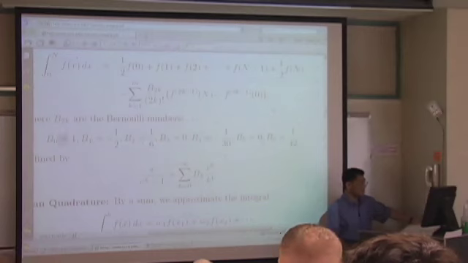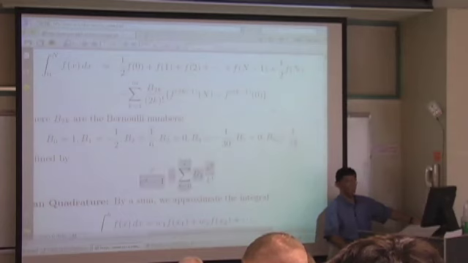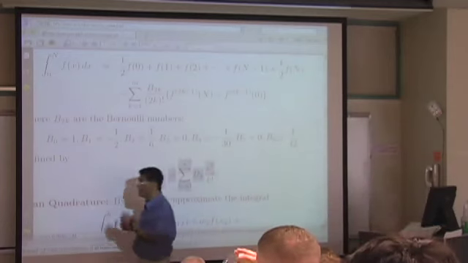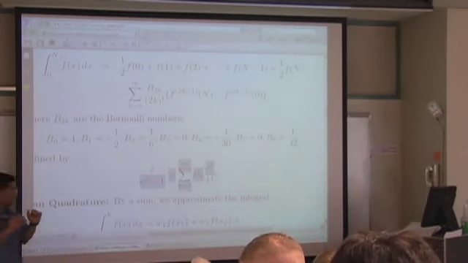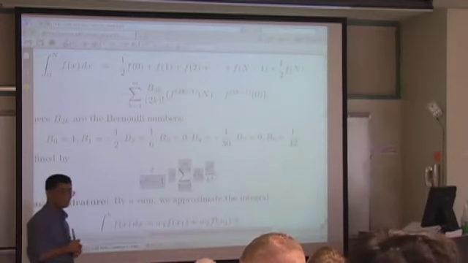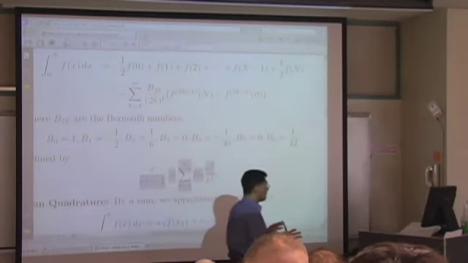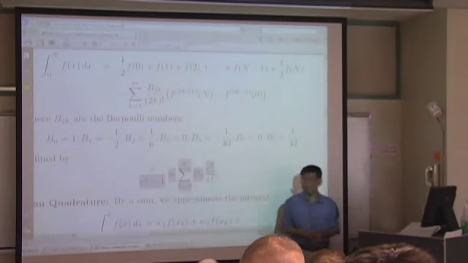I also gave you how to determine Bernoulli numbers. In this sense, the Newton-Cotes direction is done. Then I will cover the same topic with a completely different method in the next topic.